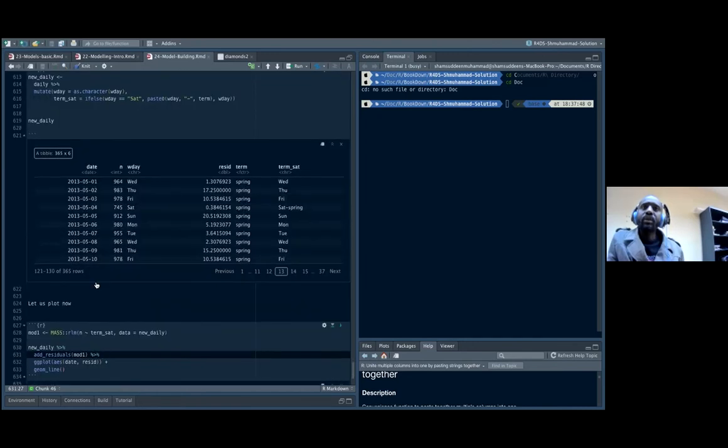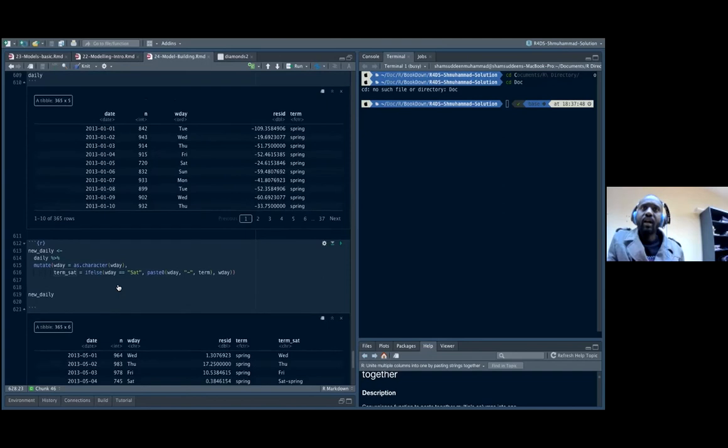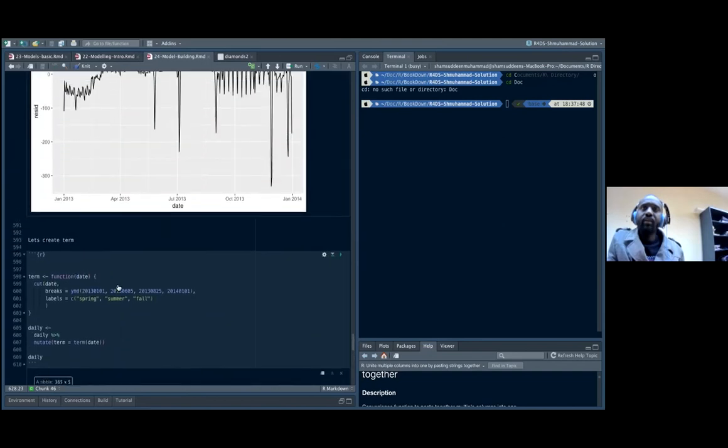When we fit the models, then we plot it. But remember, here we are using our new daily data. This is term Saturday. You can see this is the predictor here, not the previous one, where we have our predictor in the normal way.